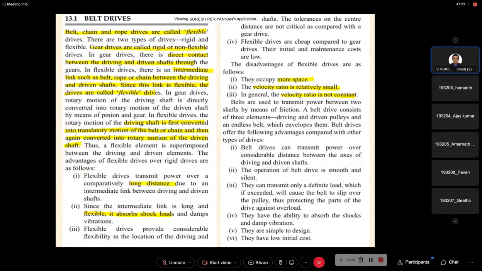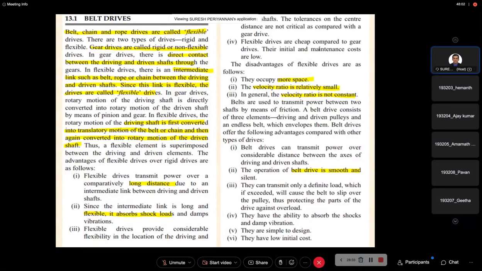Power transmission in a belt drive is due to the friction effect between the belt and pulley, and slip can occur. And the belt drive gives smooth operation, but the belt transmits only a lighter load compared to the gear drive mechanism.